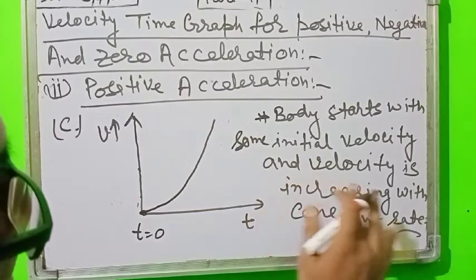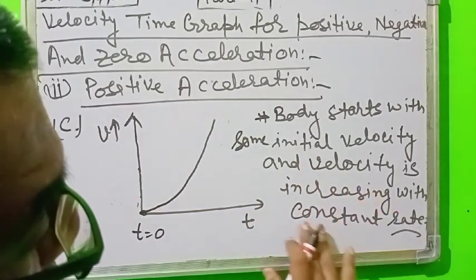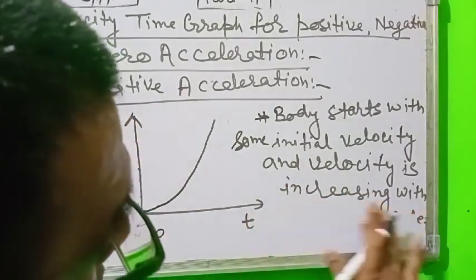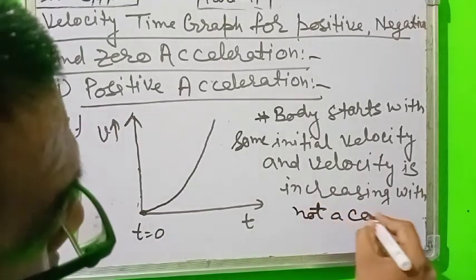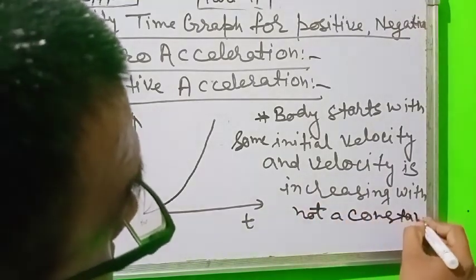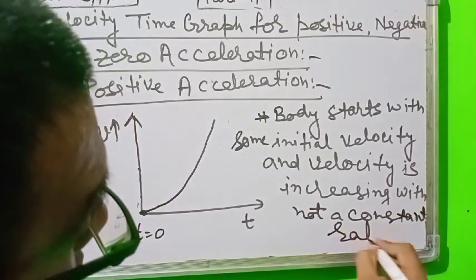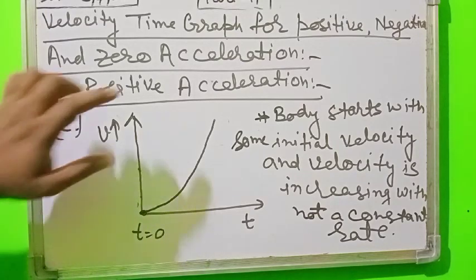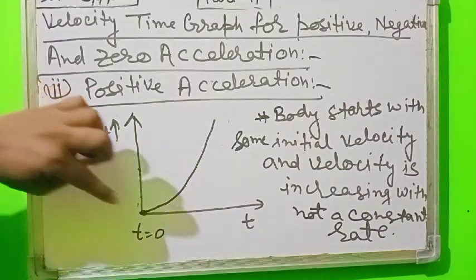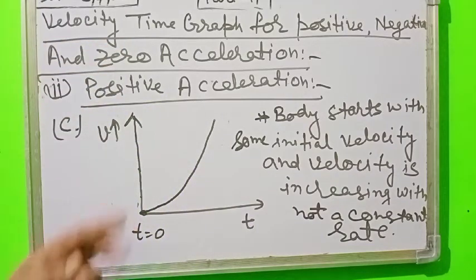Velocity is increasing with not a constant rate, means non-uniformly the velocity is changing, and that is also a positive acceleration, but its graph will not be a straight line, it will be a curved line.